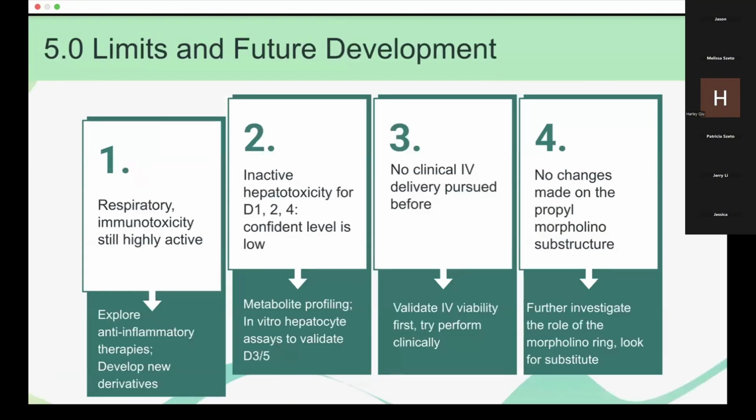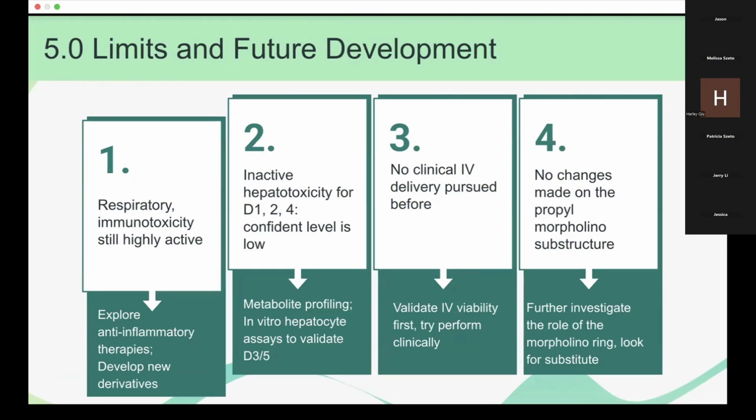And this slide shows the limitations of my study. The major problem I found was that immuno and respiratory toxicity remain high. So, future designs may need to combine anti-inflammatory strategies or entirely new substructures in the modification process. And also, even though liver toxicity decreased, the confidence levels for some predictions were low.